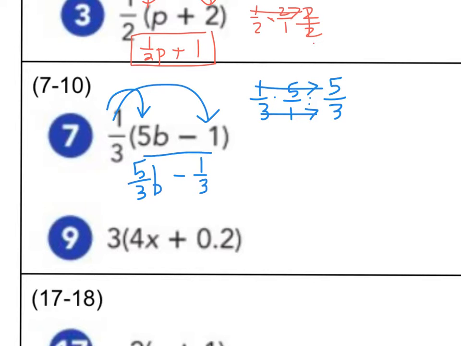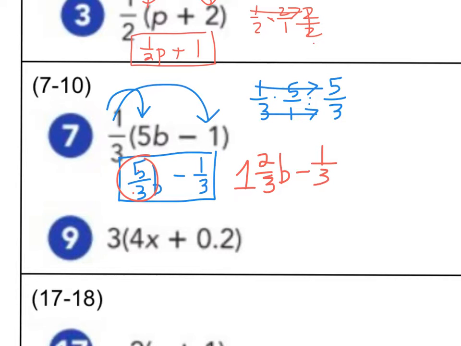And you could leave it like that. You could change this into a proper fraction. 3 goes into 5 one whole time with 2 left over. Oh, wait, hold on a second. I forgot the b. 1 2/3 b minus 1/3. That also would be a correct answer. So both of those are correct answers.